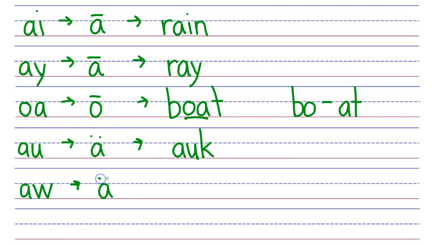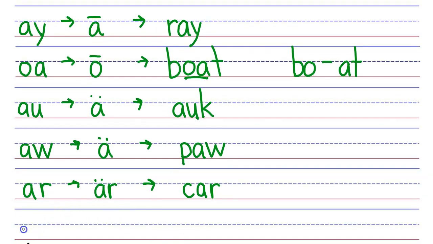It looks like this in a dictionary, as in paw. We know AR, which looks like this in a dictionary, as in car. C that says k, AR that says r. And one more that we know.